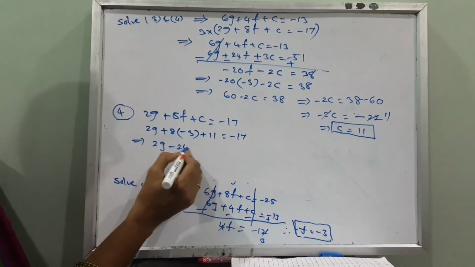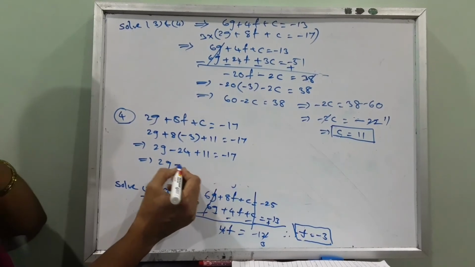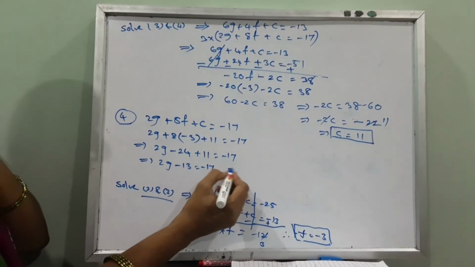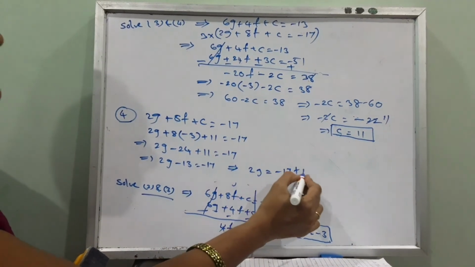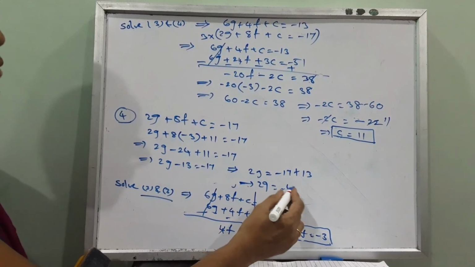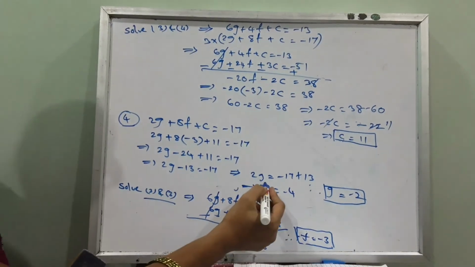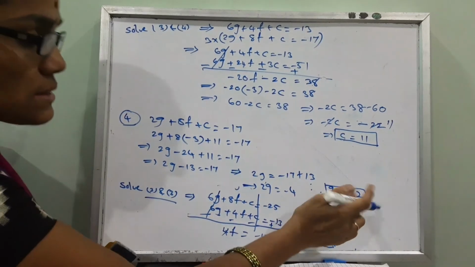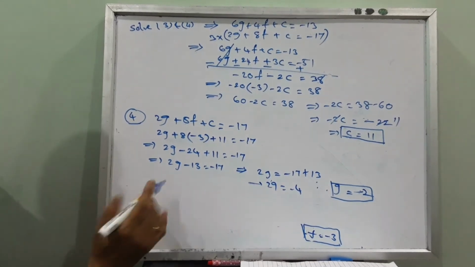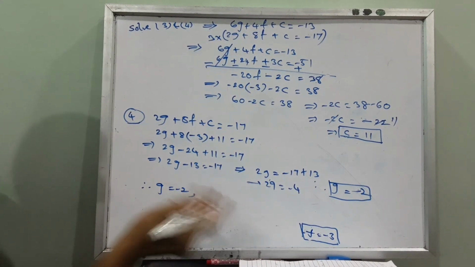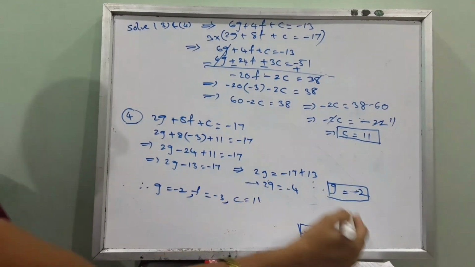This implies 2g, 8 into 3 is minus 24 plus 11 is equal to minus 17. This implies 2g is equal to minus 17 plus 13. This implies 2g is equal to minus 4. Therefore g is equal to minus 2. So g is equal to minus 2, f is equal to minus 3, c is equal to 11.